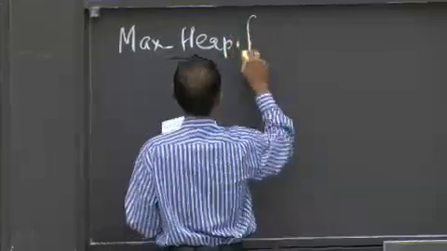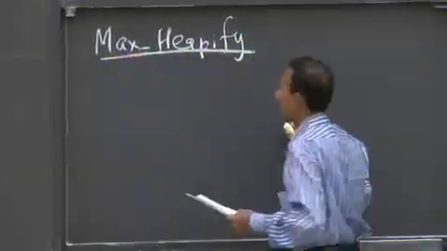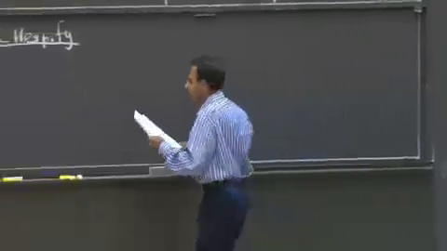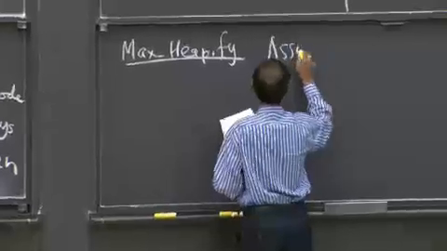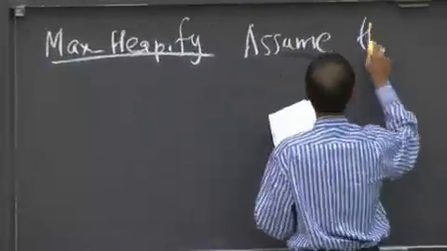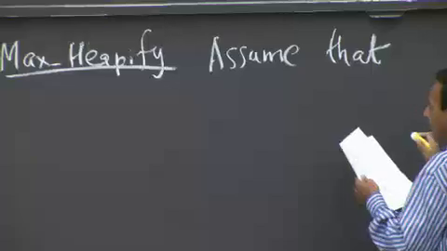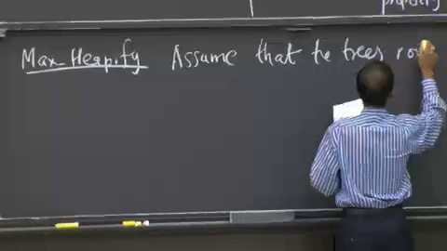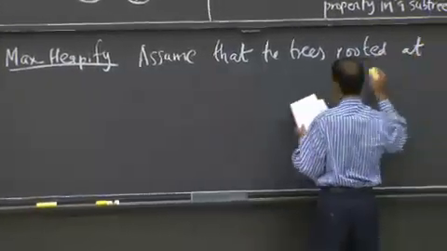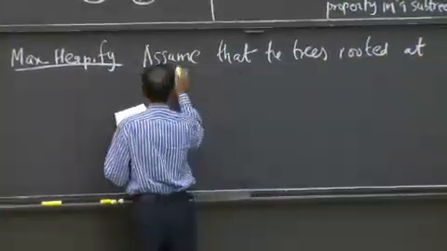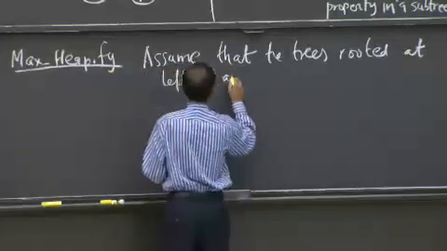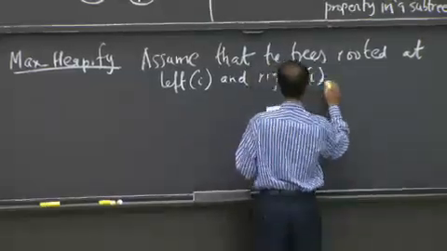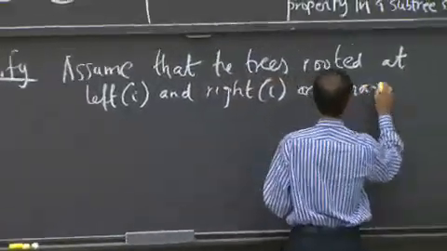I'm not going to write pseudocode for max heapify. I'll run through an example, and the pseudocode is in the notes. The big assumption, and you can think of this as a precondition for running max heapify, is that the trees rooted at left i and right i are max heaps.